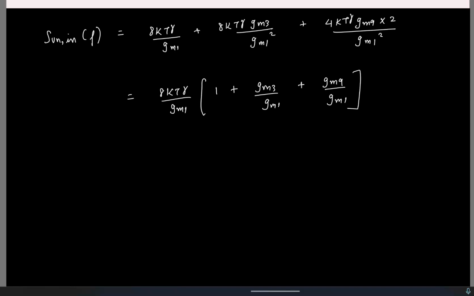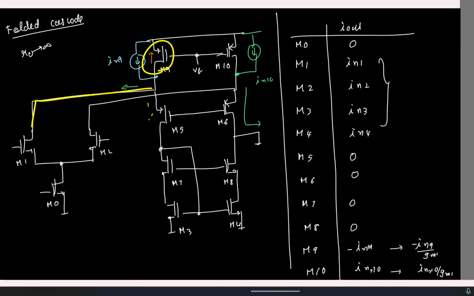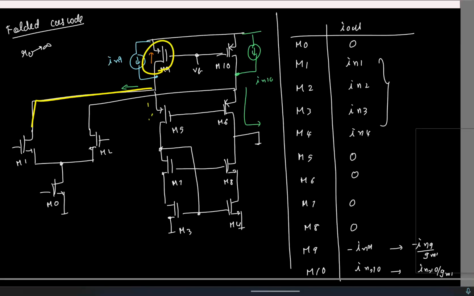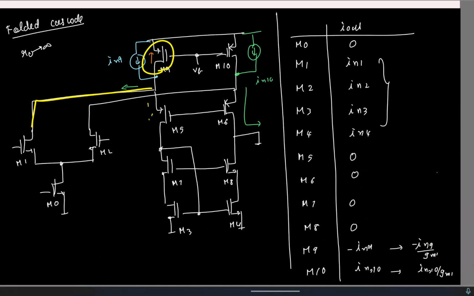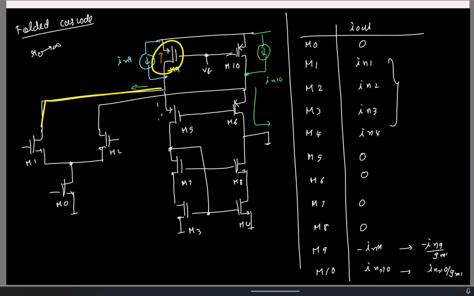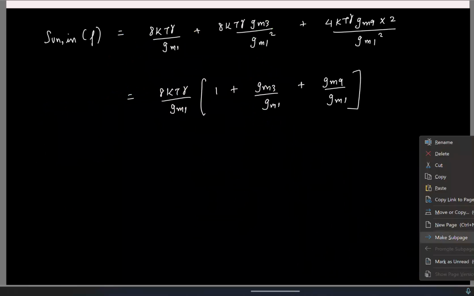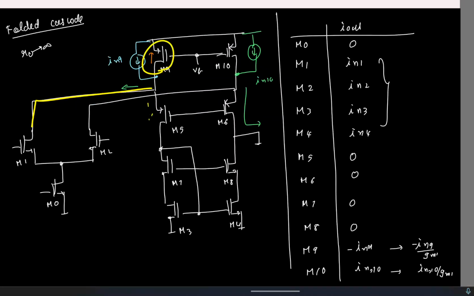Okay. Since we have done noise, we can finish the offset also for this circuit. Can you tell me the effect of offsets for these quickly?